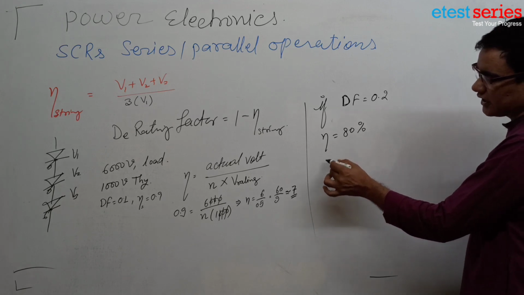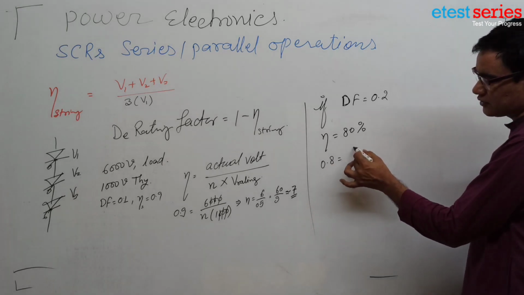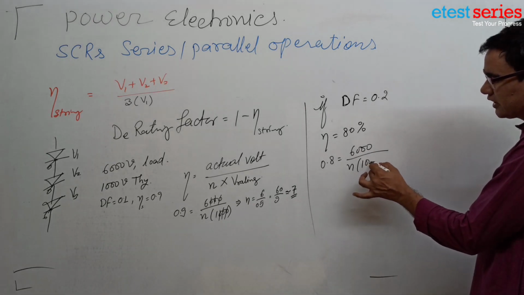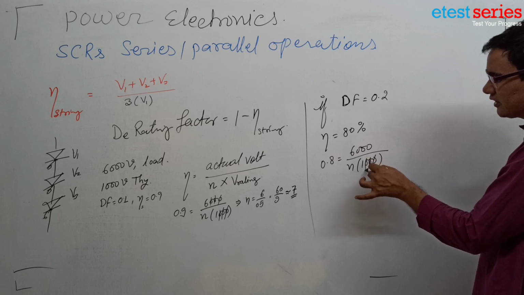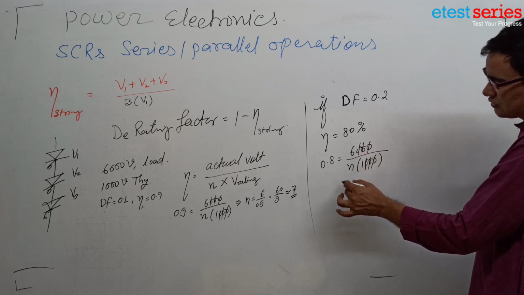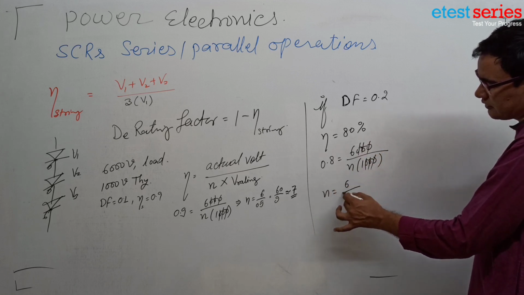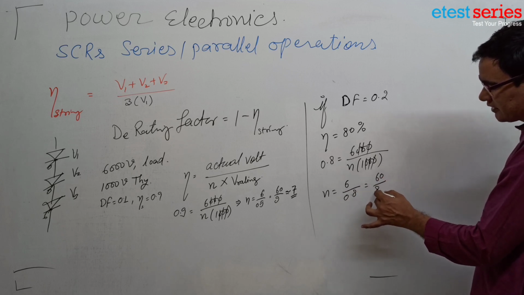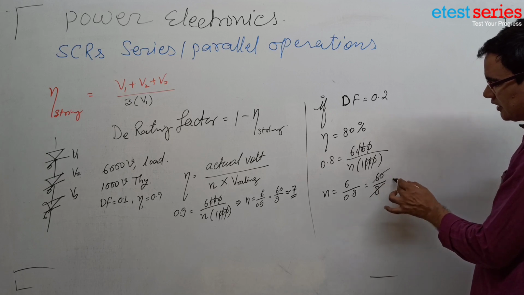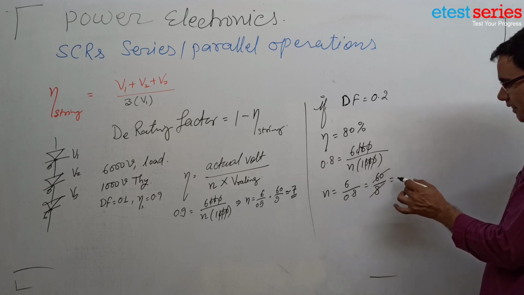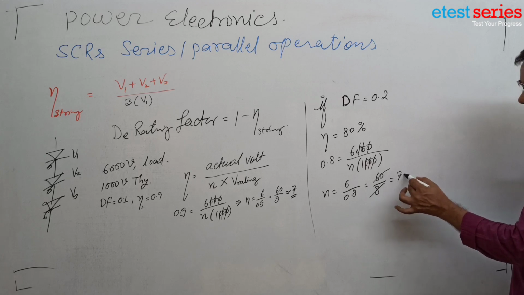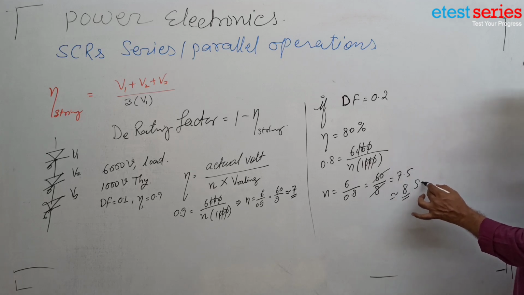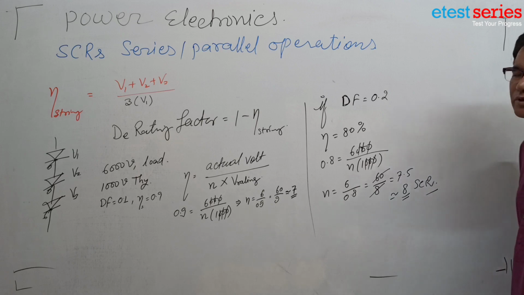So the number of SCRs required: 0.8 is equal to 6000 divided by n times 1000, the individual rating. So n is equal to 6 divided by 0.8, that is 60 divided by 8, which is 7.5. It is approximately 8 SCRs. We require 8 SCRs.